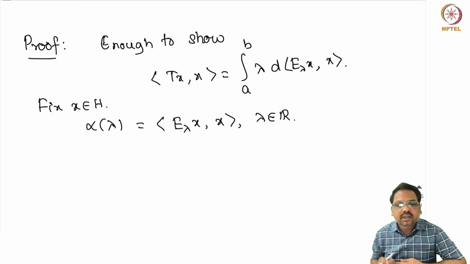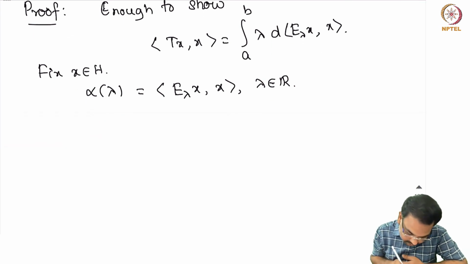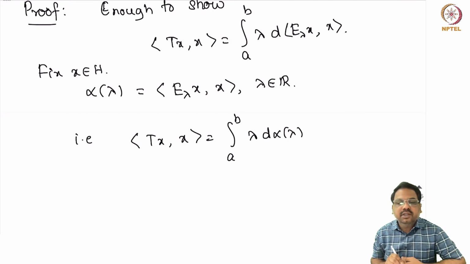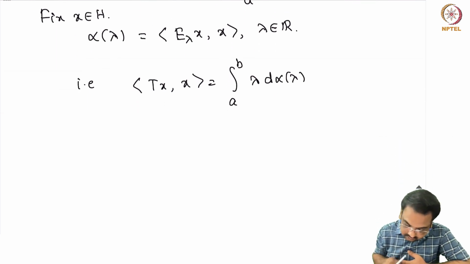Now we can give a meaning for this integral. We want to show that the inner product of Tx with x is the integral from a to b of lambda d alpha lambda. Since alpha lambda is an increasing function, this is nothing but a Riemann-Stieltjes integral. So let us look at the proof.